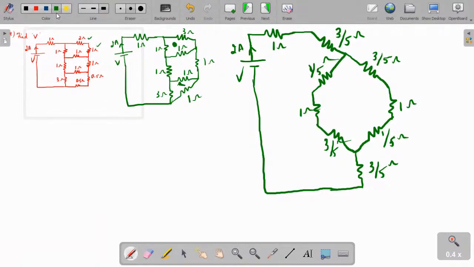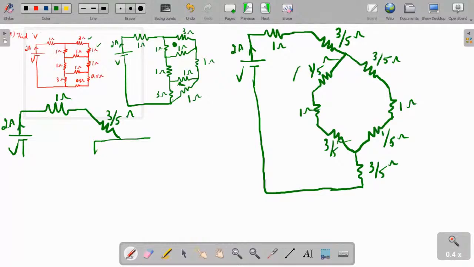So if we simplify this and redraw, how will the circuit look? Voltage source with 2 ampere current, 1 ohm. The 3/5 ohm on top will be undisturbed. Here the series resistances 1/5 and 1 3/5, if you add them you get 9/5 ohms. Similarly on the right side, add them and you'll get one more 9/5 ohm.